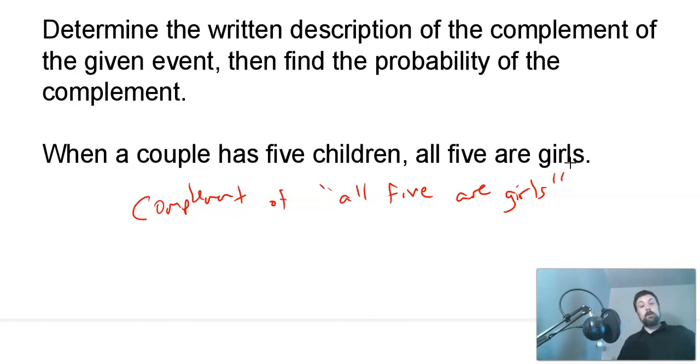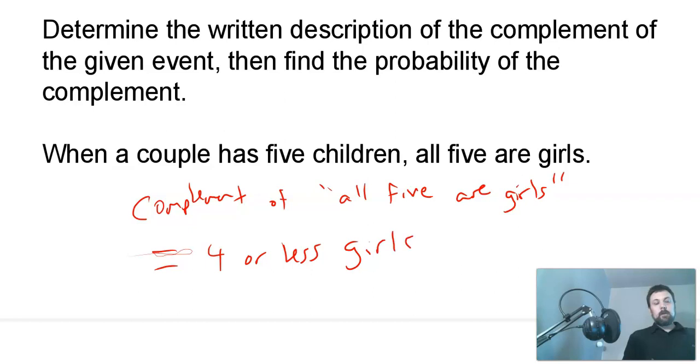Also, 3 girls and 2 boys would be another way of not all 5 being girls. So the complement is going to be 4 or less girls. That's all the ways in which you do not have all 5 being girls, is to have either 4 or less girls out of the 5 children.